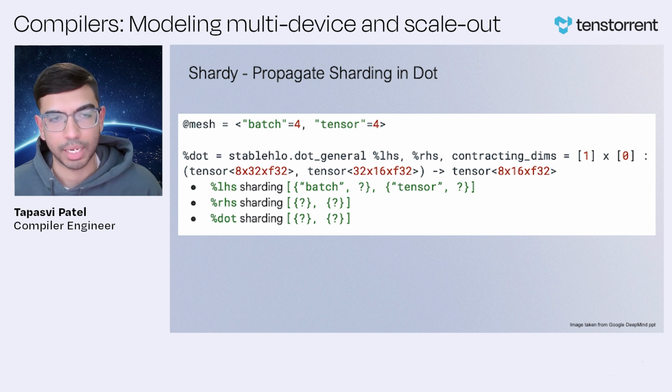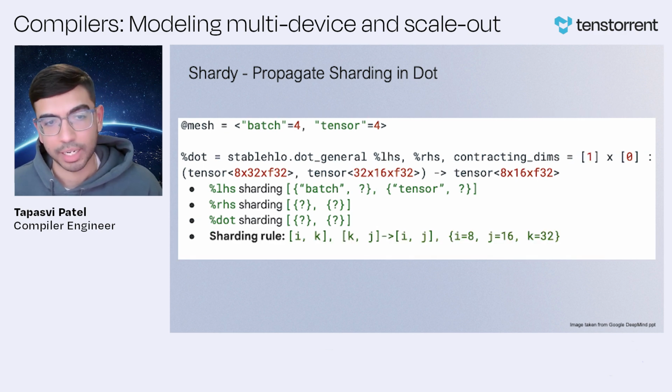We're going to perform a dot_general on this. The contracting dims are 1 and 0 for the respective tensors. And our left-hand sharding, we're going to annotate with batch and tensor. So on our left-hand side, this 8 is going to be annotated with batch, and this 32 is going to be annotated with tensor. We also define a sharding rule.